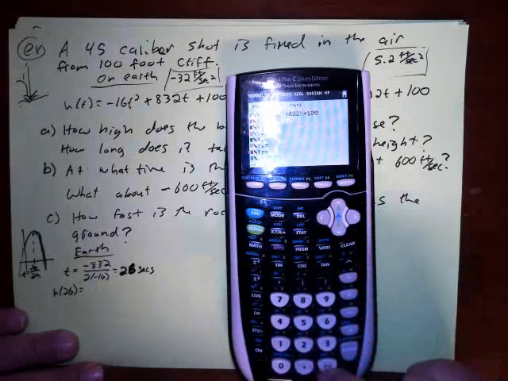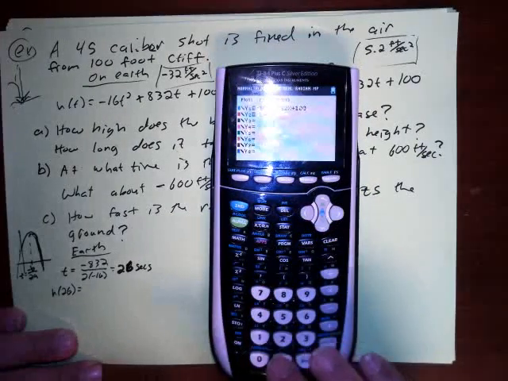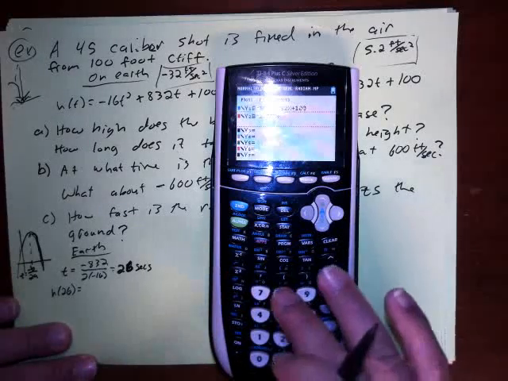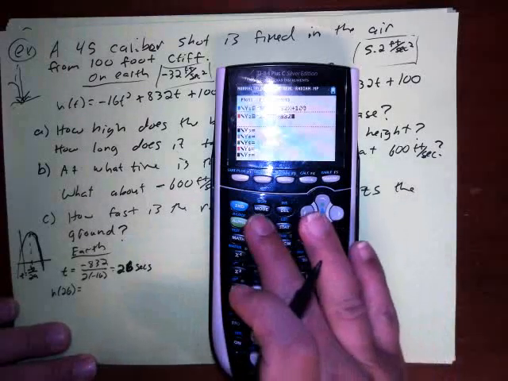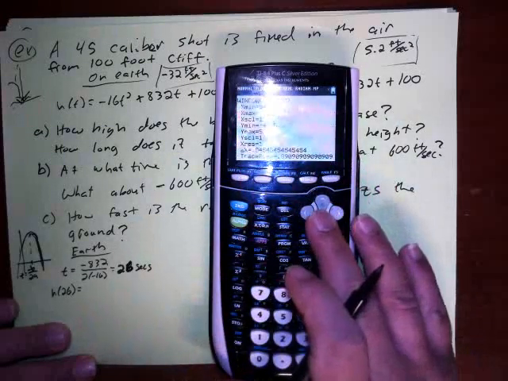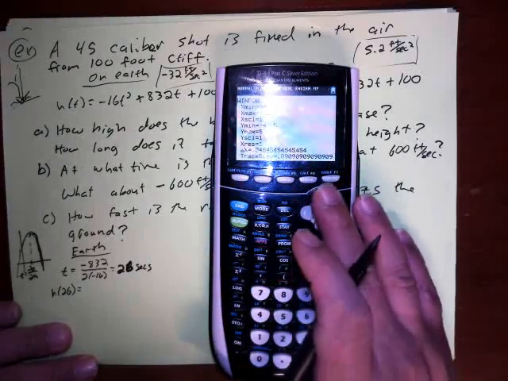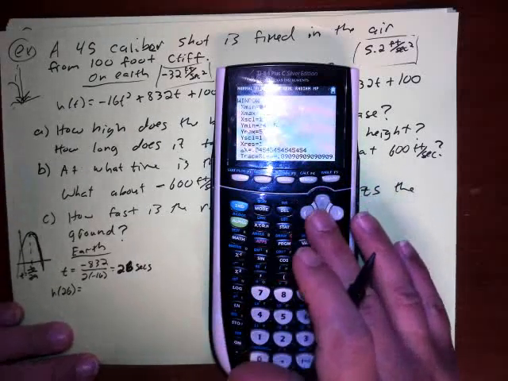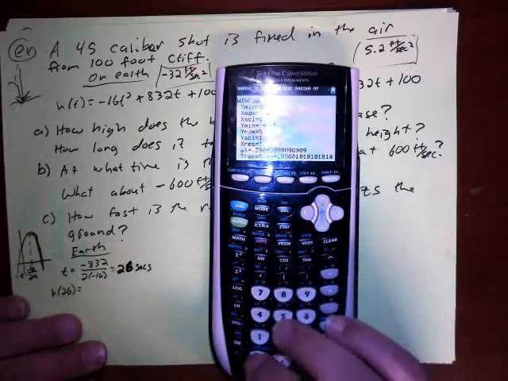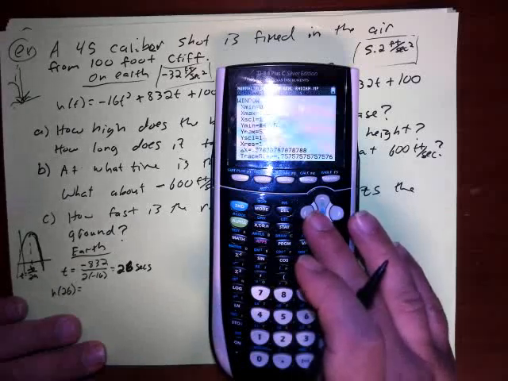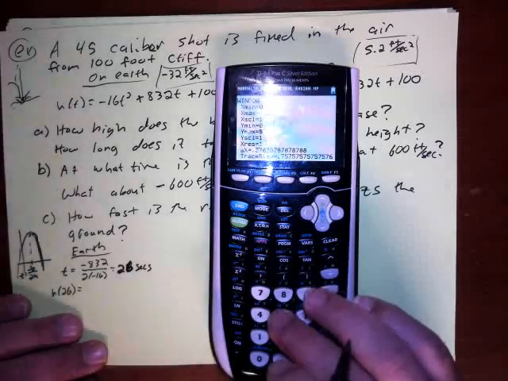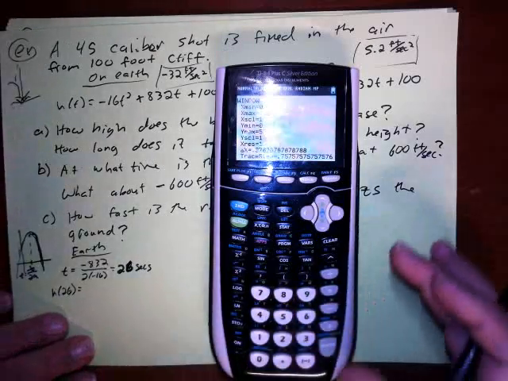And then on the moon, it would be negative 2.6t squared plus 832t plus 100. And then maybe let's do 0 to 100. It's going to be in the air a lot longer on the moon. 0 is the ground, and then you're on a 100-foot cliff. Let's do 500, see if that's enough.